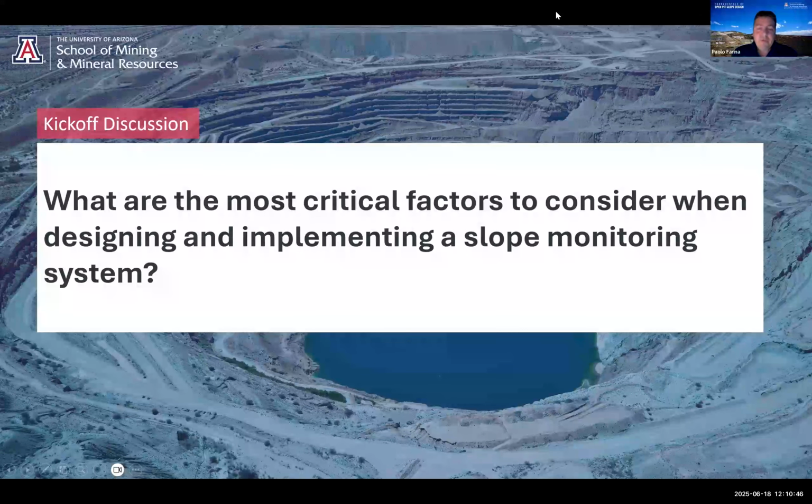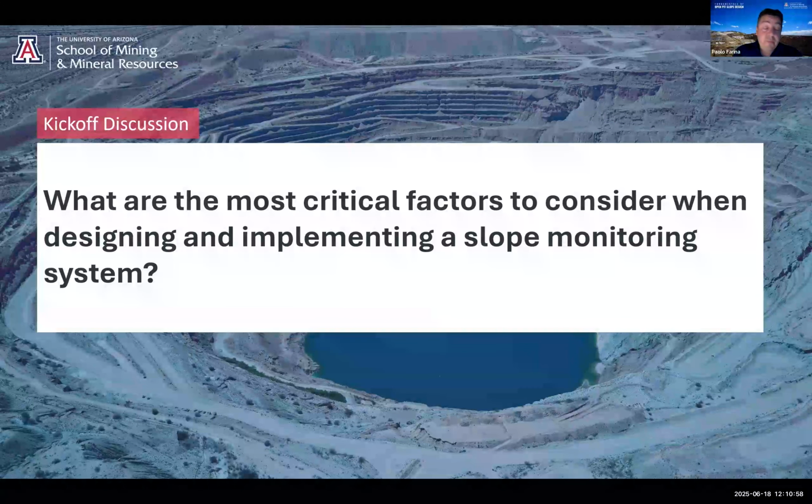Of course, based on these, we can design the most appropriate monitoring program, selecting the different types of technologies that we have to include for surface displacement, for subsurface displacement, pore pressure, vibration.